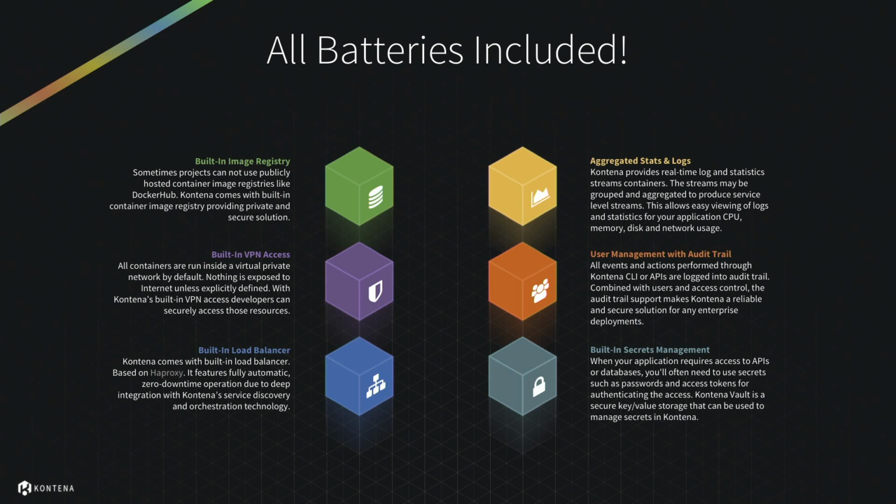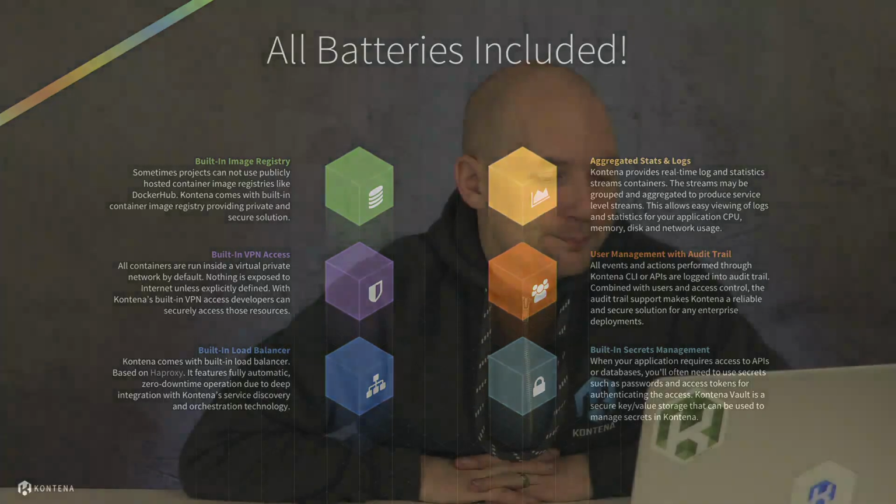Kontena also has a built-in secrets management, so you can safely store your database passwords, API keys, SSL certificates, or whatever secrets you have. And Kontena makes sure that while at rest, the data is always encrypted. And then only at the last point where we inject it into the containers, it's opened up.